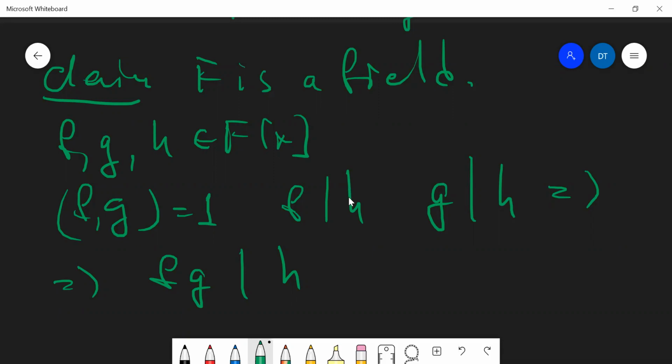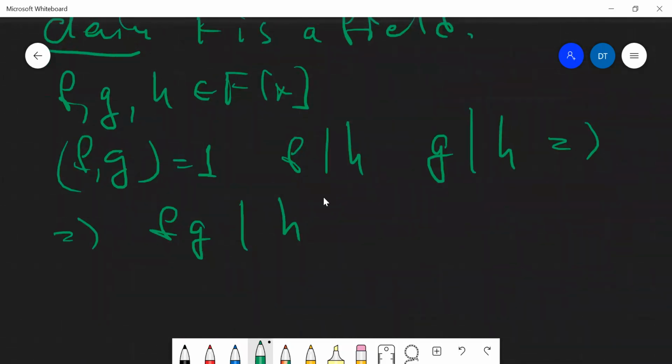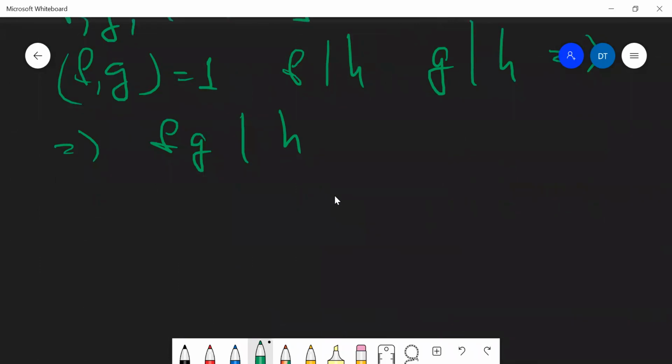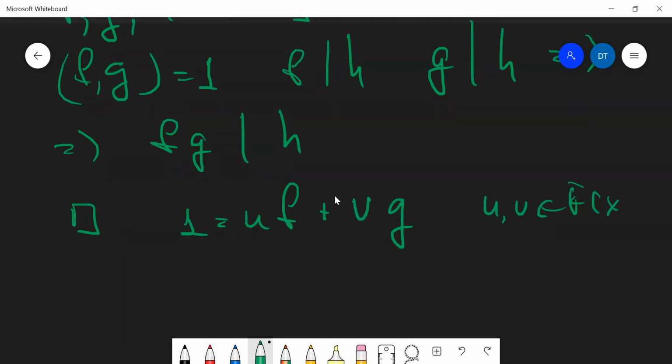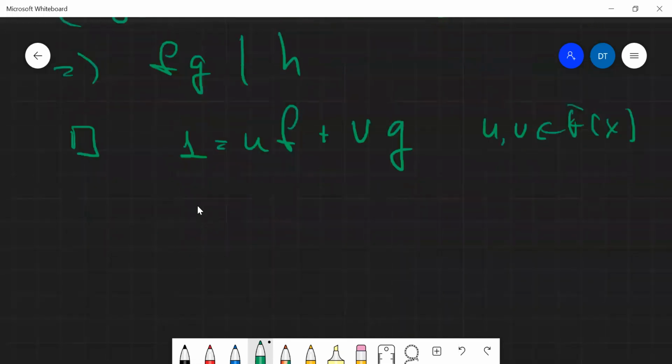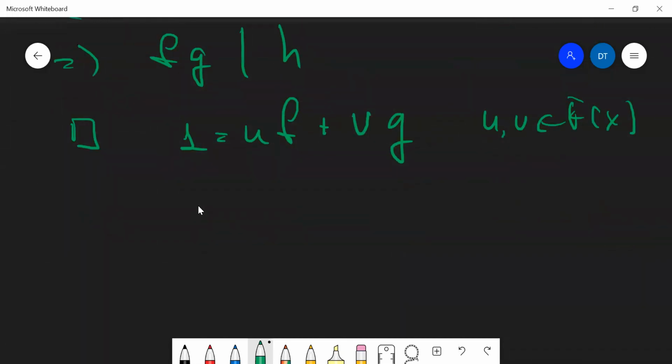So this is the partial case of the previous claim. Actually, this result is used to prove the previous one. This is exactly the same as what happens in case of integers. If you have two coprime integers and your number is divisible by each of them, then it's divisible by the product. So how do we prove this? First of all, we use the fact that the greatest common divisor is presented in this form where u and v are some polynomials. Then you multiply this equality by h and you get this expression.